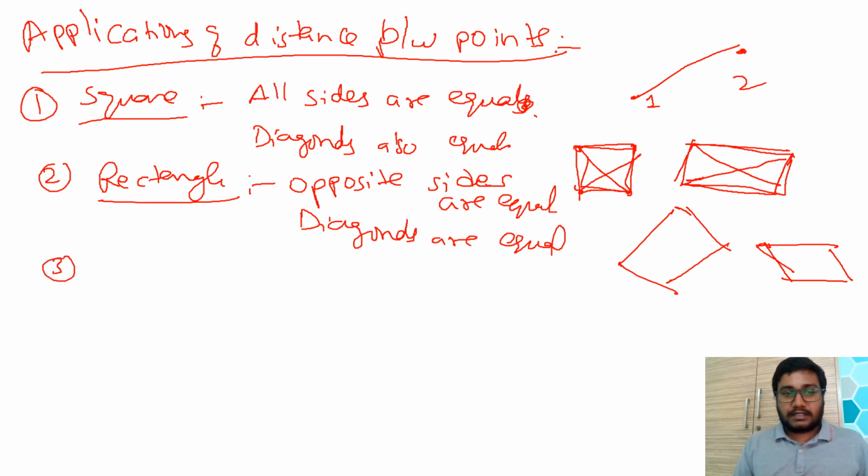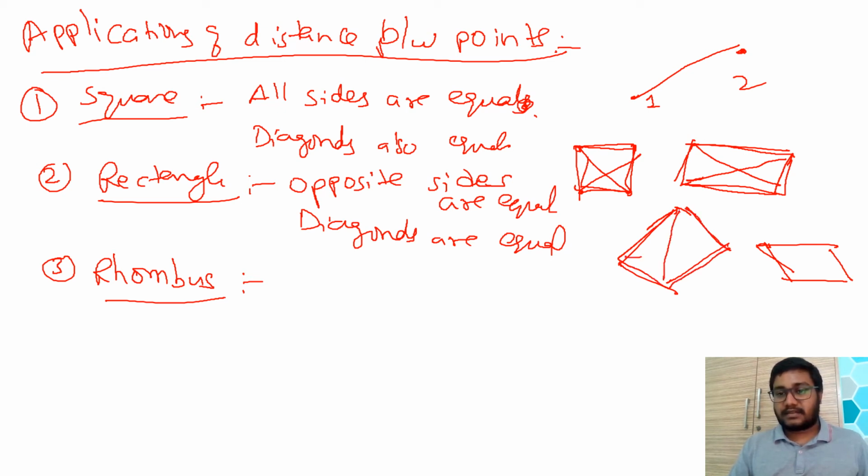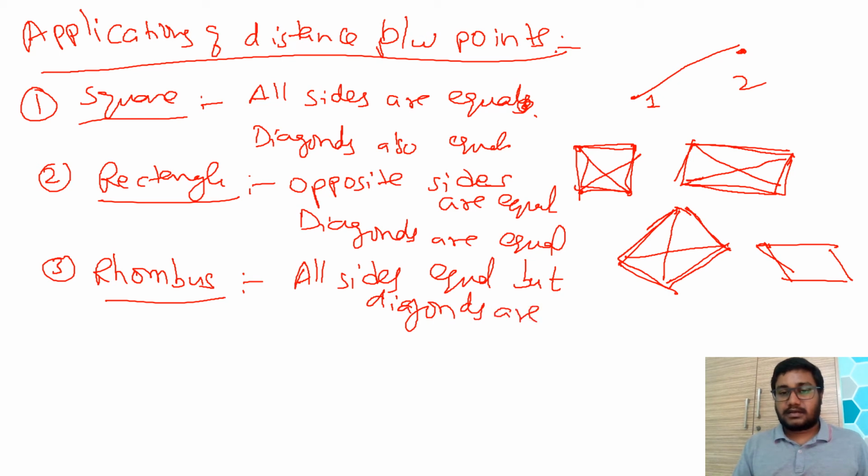And the third one is the rhombus. In a rhombus, all the four sides will be equal, but the diagonals will be different.